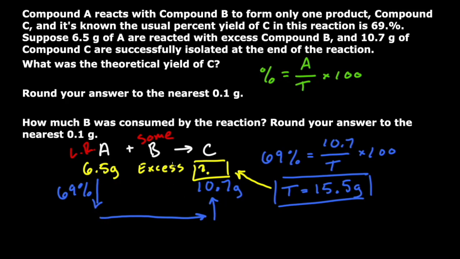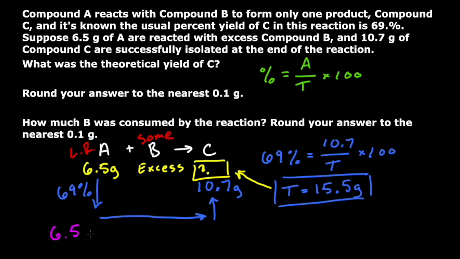But the question says we want to know how much of B we will need to add as part of this reaction, because we add 6.5 grams of this A, but only 69% of it will actually end up going over here. So what do we need to add right here for this B? And what you can do is use the law of conservation of mass, which says that the mass over here has to equal the mass over here.